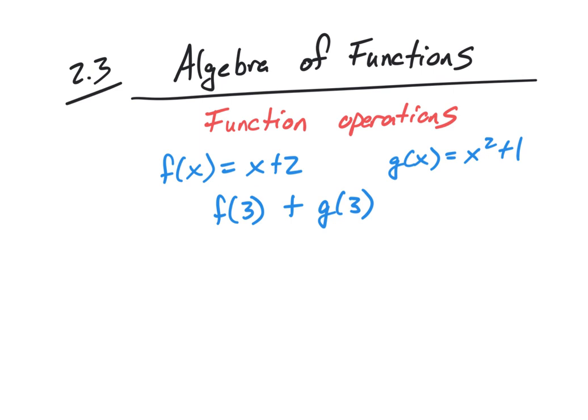We're going to take 3 and plug it into the f function. So 3 plus 2 would be 5. Then we're going to take 3, plug it into the g function. So this would be 3 squared, which is 9. And then 9 plus 1 would be 10. And 5 plus 10 would be 15. Okay, and that would be one way that we could get there.